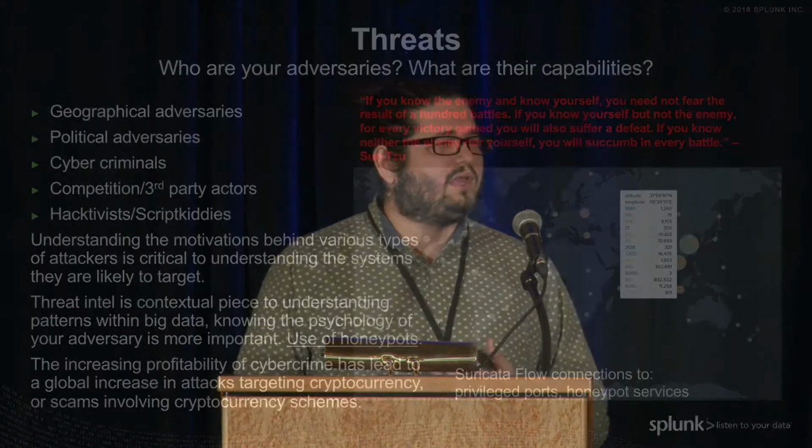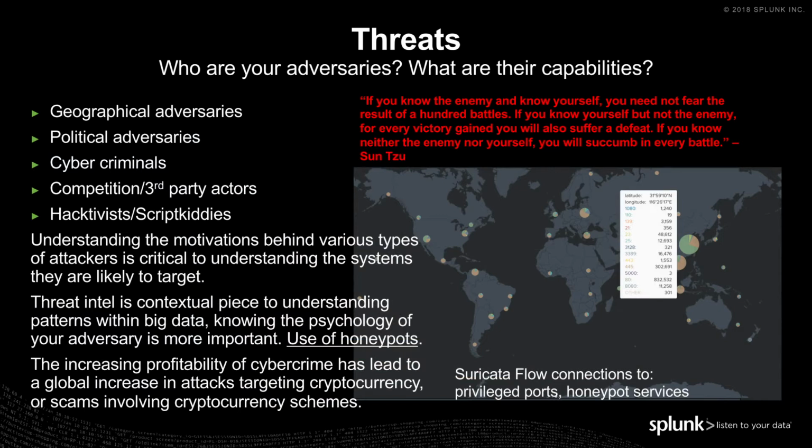Another thing that a lot of people miss is the use of honeypots. Honeypots are a really easy way to get free data and free threat intelligence that is sometimes more accurate than even the paid stuff that's out there, primarily because it's real time. You're able to actually see what the attackers are using. And there's tons of honeypots out there that leverage Suricata.